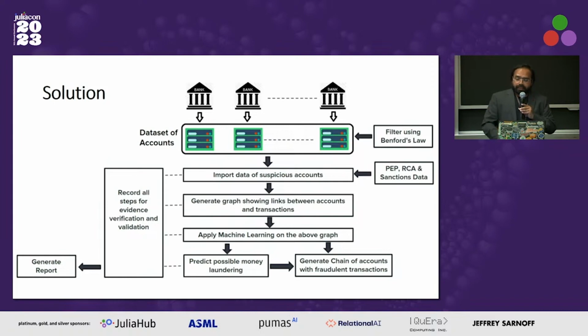Then generate a graph showing the different links between the accounts, then try to predict the possible money laundering. And in all these things, you have to record each and every step. That is very, very important, because reproducibility is very, very important. Your opposition lawyer may question the things, and at that time you may have to repeat the steps and show that you are getting the results.